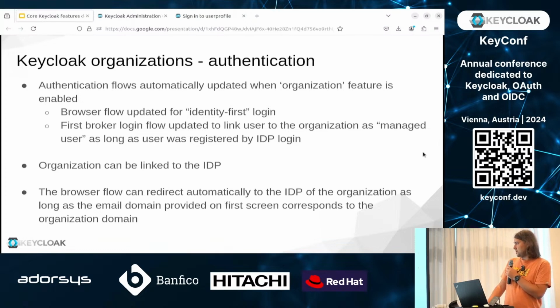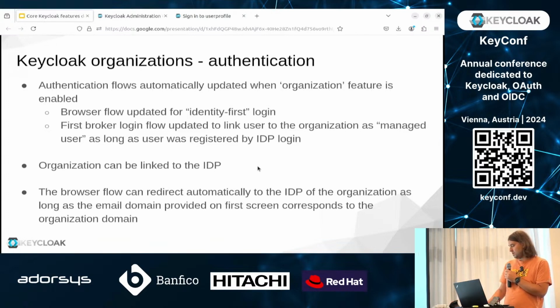And when the organization feature is enabled, the authentication flows are automatically updated. So the browser flow is updated for identity first. It asks the user to provide his username first, and based on whether it's a user of that organization or not, then maybe some other actions follow. For example, users from the organizations can be automatically redirected to some identity provider which is linked to the organization.